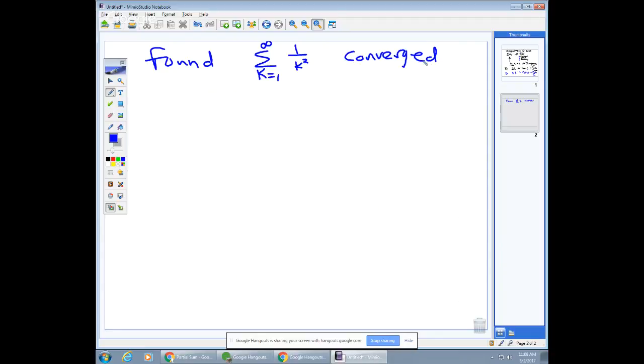And we let Desmos take it out to 100, 200 terms to kind of see where it was heading. And we'll do that again in just a moment. When it converges, we usually call the convergent value S. So we say S equals that sum.